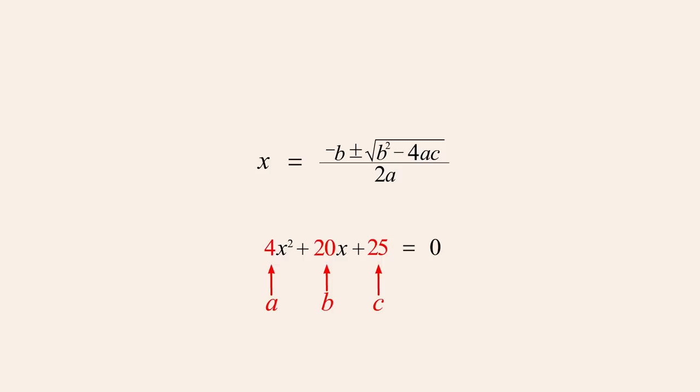We now substitute these values into the quadratic formula and simplify. Replacing a with 4, b with 20, and c with 25, we see that the numbers under the square root sign reduce to 0.